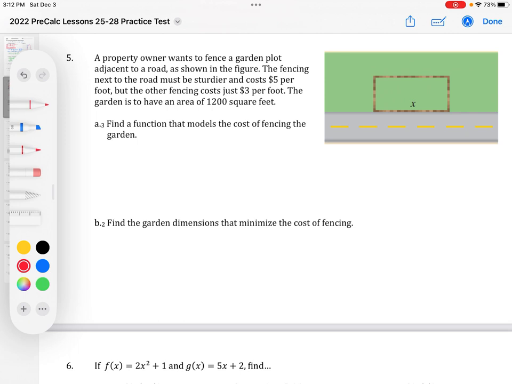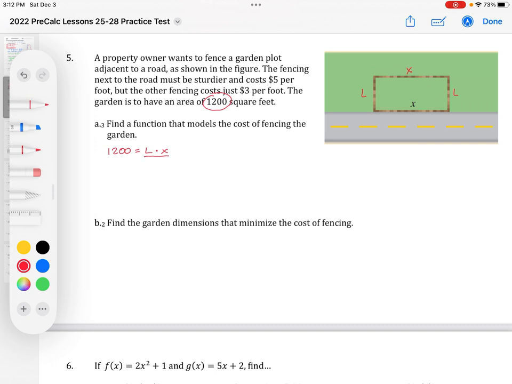Okay, so first thing I'm going to do is use that area part of this. And I'm going to say, okay, these longer dimensions are X, and then these shorter ones I'm just going to call L. So if we think of the area equaling the length times the width, in this problem it's going to be 1,200 equals L times X. All right, well, why did I do this?